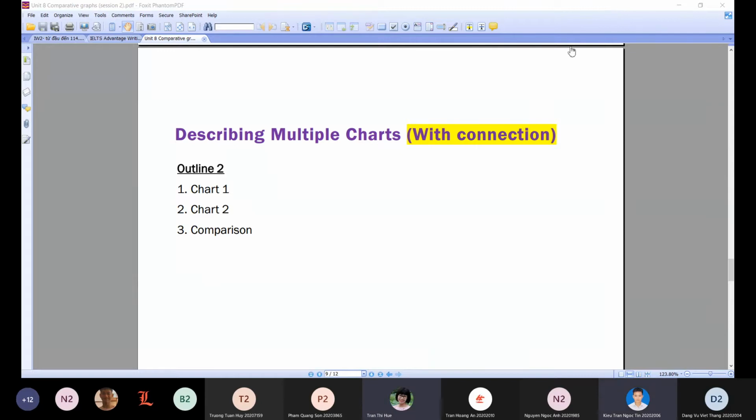Not just you, I mean the other students in the class as well. Please go to the meeting chat. You know where it is, right? Okay, and can you please type the two patterns to organize ideas when you describe more than one graph? Is everybody listening?